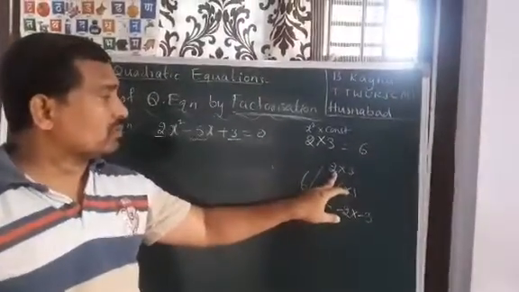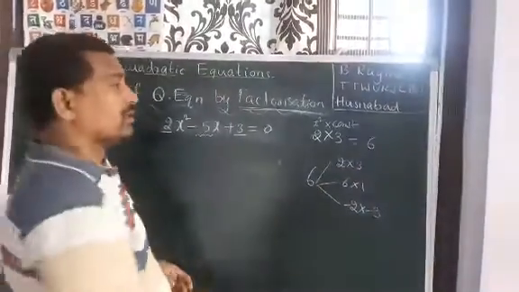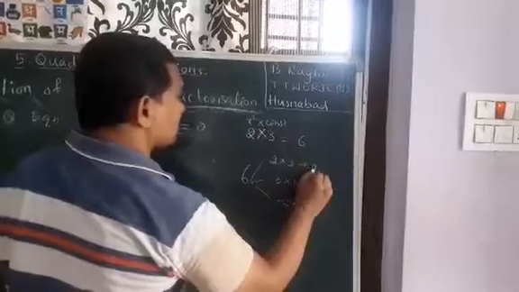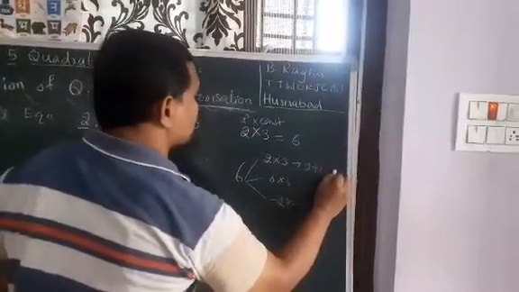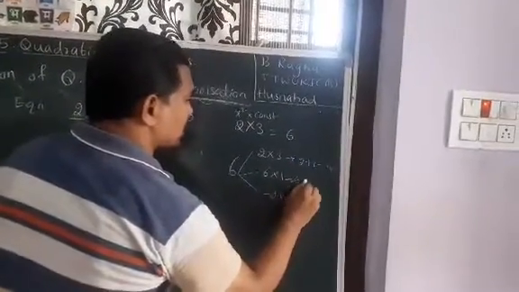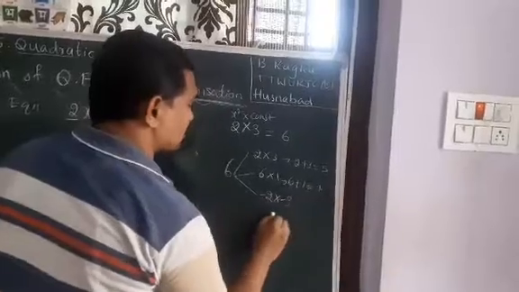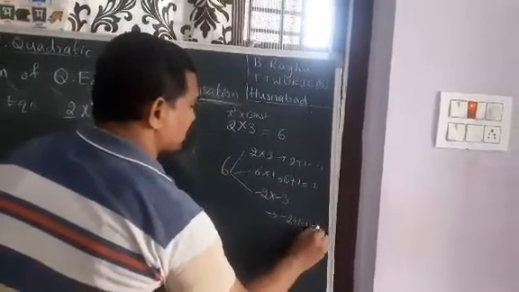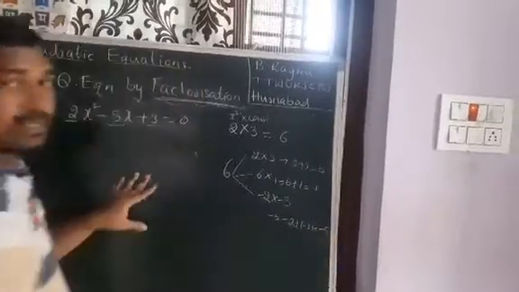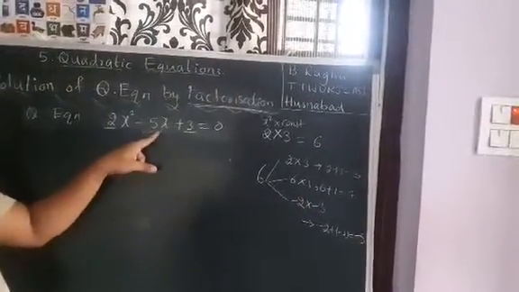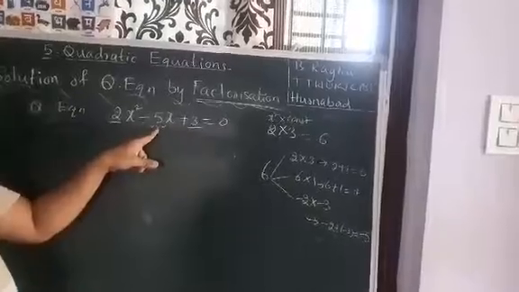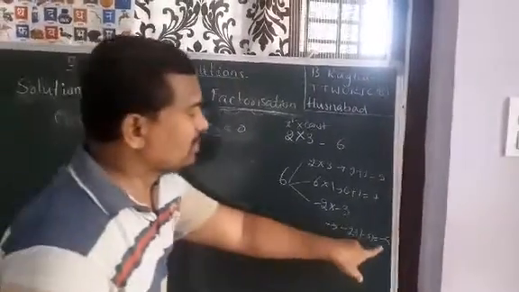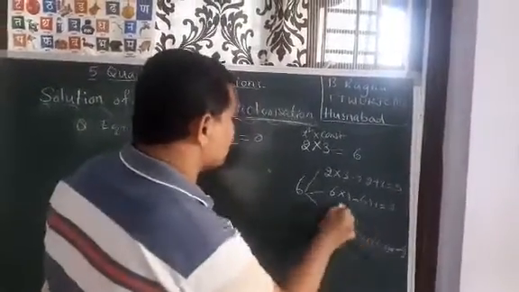If you add these, 2 plus 3 is 5, 6 plus 1 is 7, and minus 2 plus minus 3 is minus 5. Which tallies with the x coefficient? Minus 5 tallies with the third one. So these are the factors.